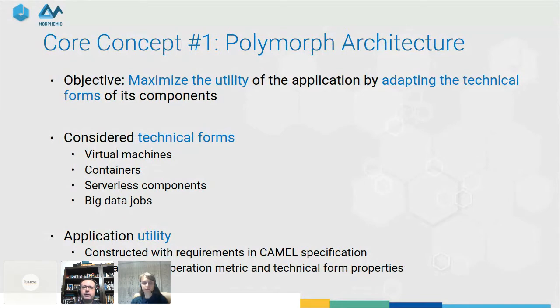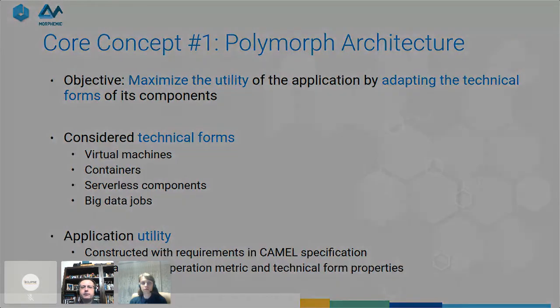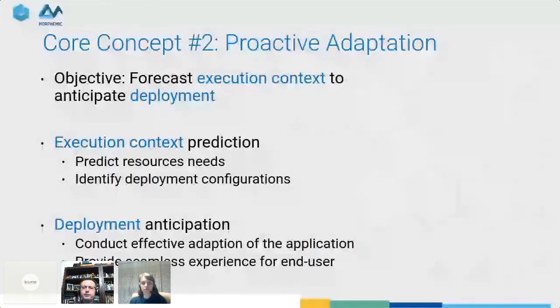So the goal is to maximize the utility of the application by choosing not only the number of resources, but also the technical architecture of the application. The second concept, which we are currently researching and developing, is proactive adaptation. As I said on the previous slides, currently Melodic adapts based on the actual current values of the metrics.